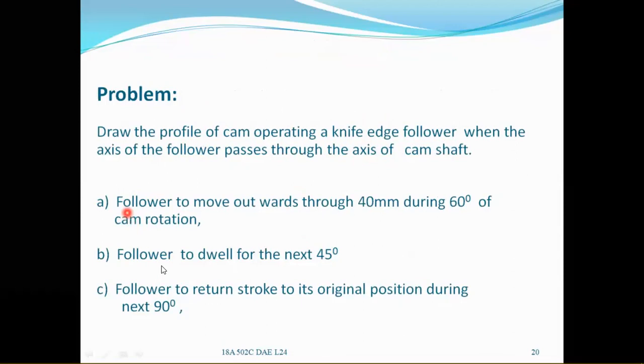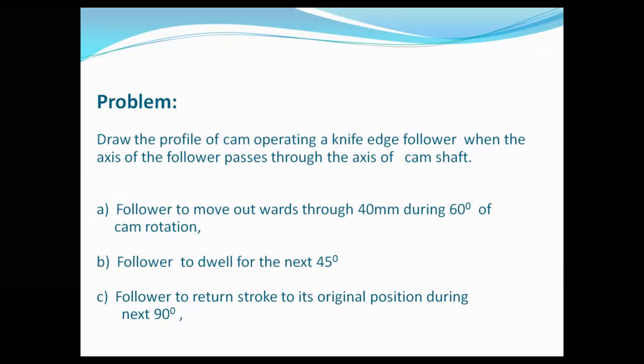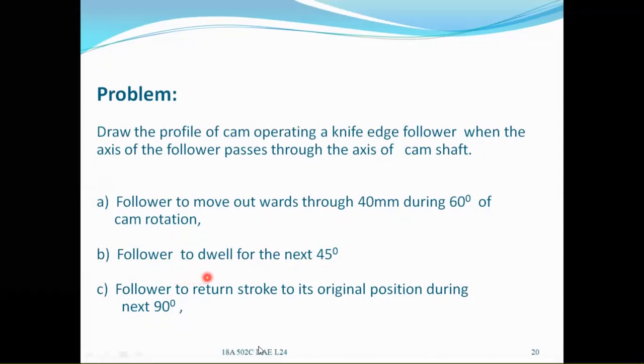Now the given data: the follower moves outwards, that means outstroke, through 40 mm, that means the rise or lift or stroke of the follower is 40 mm during 60 degrees of cam rotation, and the follower dwells for the next 45 degrees of cam rotation, and the follower returns to its original position during the next 90 degrees of cam rotation.